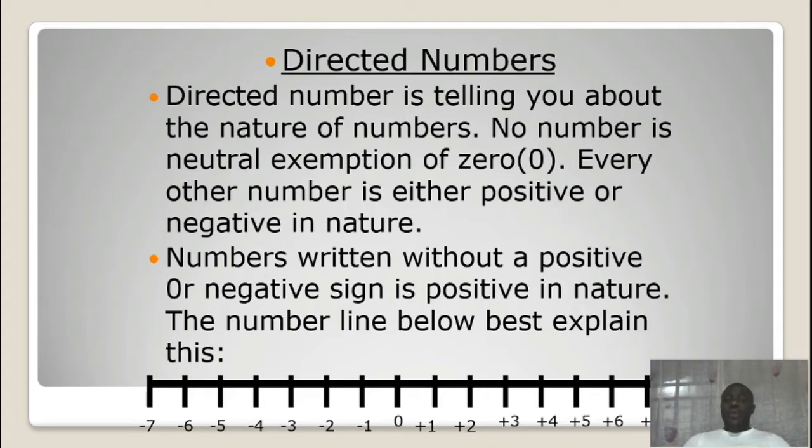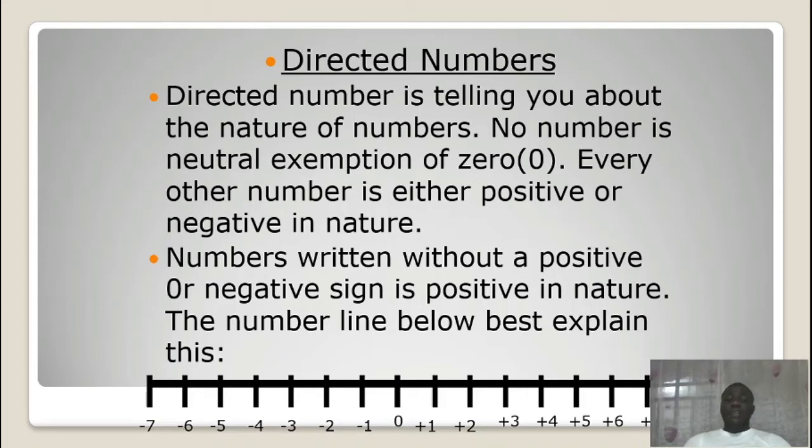Then if you scale the x-axis towards the right, all the values are positive, but when you scale towards the left, all the numbers there are negative. So we know that with the exemption of 0, every other number should either be positive or negative in nature.